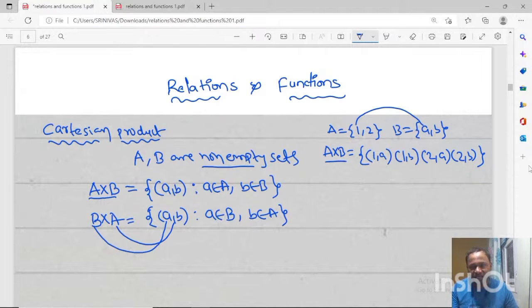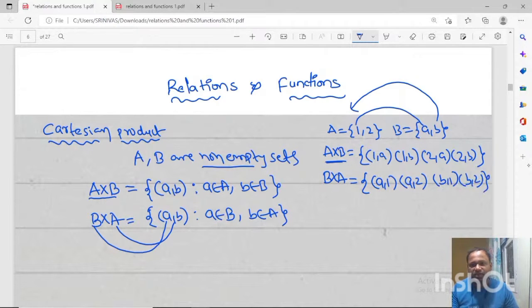This is A cross B. And similarly, if we want to find B cross A, we go from here to here. What we get? A1 ordered pair A2, B1 ordered pair B2. So here A cross B is not equal to B cross A.